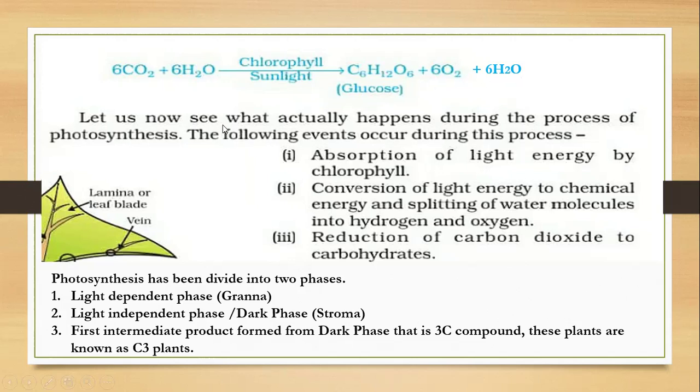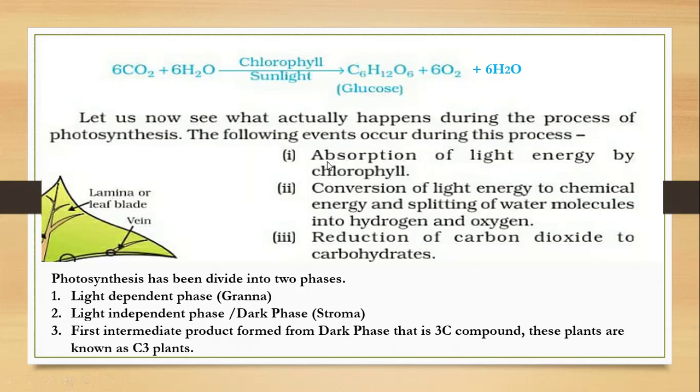So let us see what actually happens during the process of photosynthesis. We already talked about that photosynthesis is absorption of light energy by chlorophyll and converting it into chemical energy.